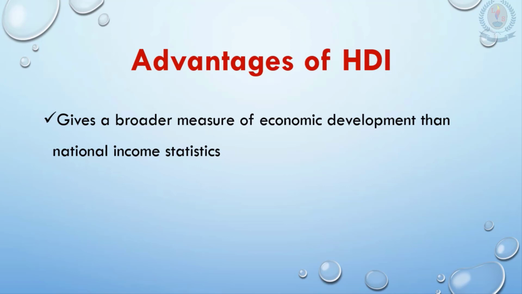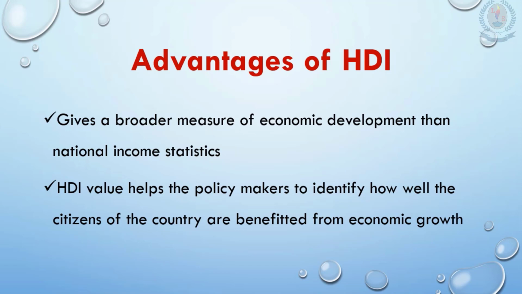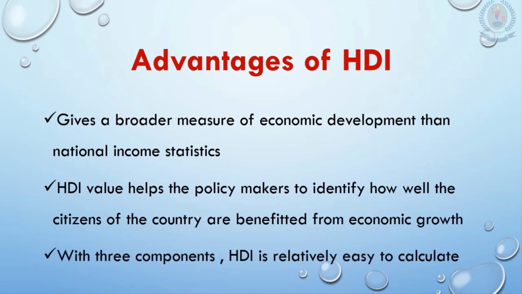This means HDI can provide a more accurate and comprehensive measurement than the GNI per capita. HDI values help the policymakers to identify how well the citizens of the country have benefited from economic growth. With 3 components, HDI is relatively easy to calculate.